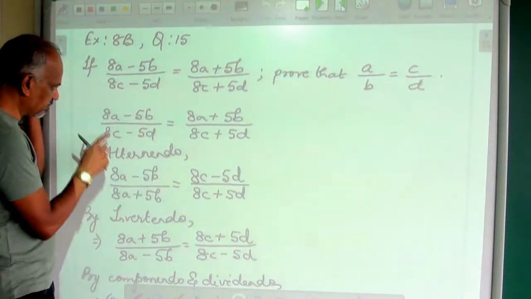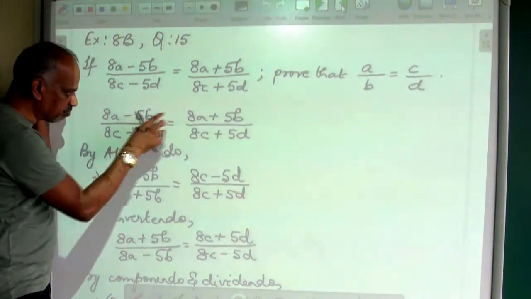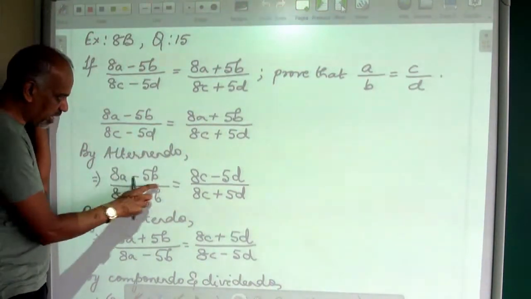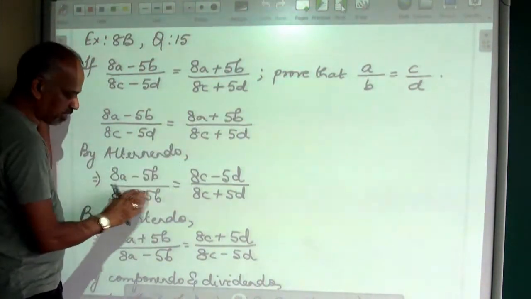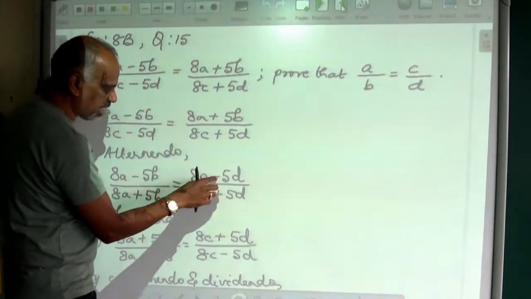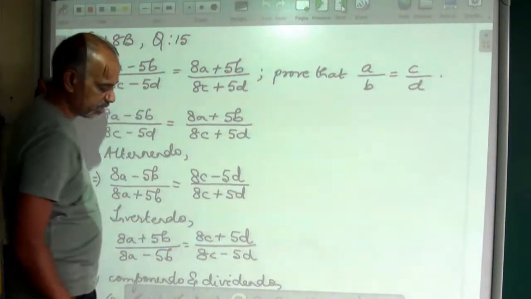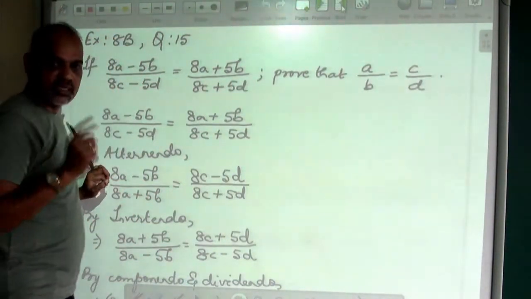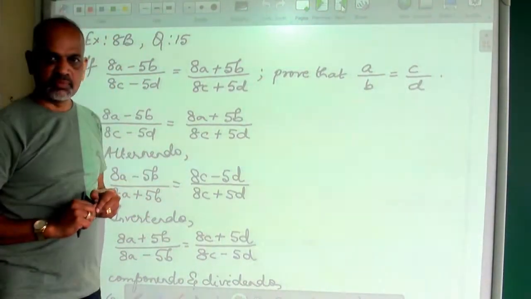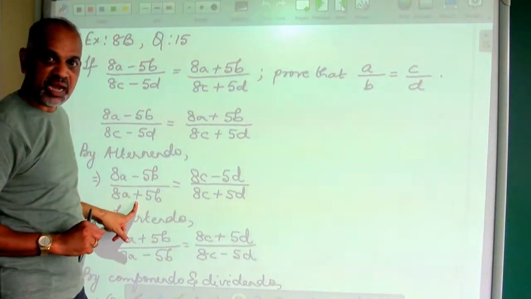By alternendo, 8a minus 5b remains the same. This comes here now, divided by 8a plus 5b is equal to, this goes that side, that's 8c minus 5d by 8c plus 5d. But if you look at the componendo dividendo form, numerator is separated by plus sign, denominator is separated by minus sign.